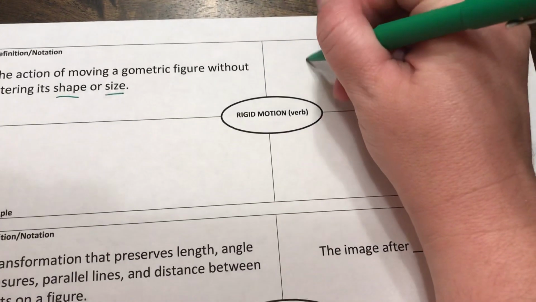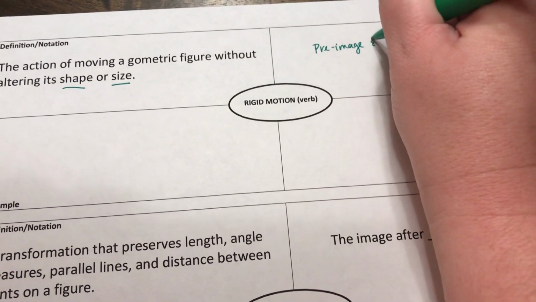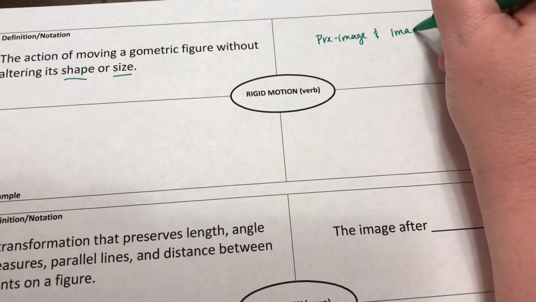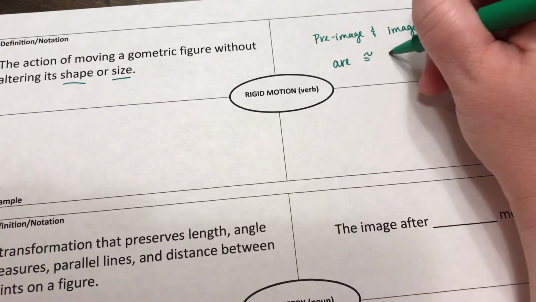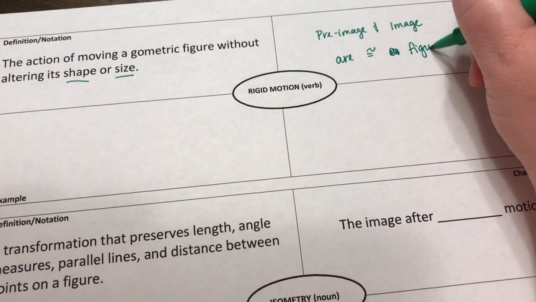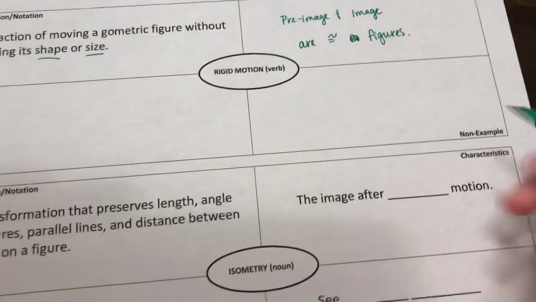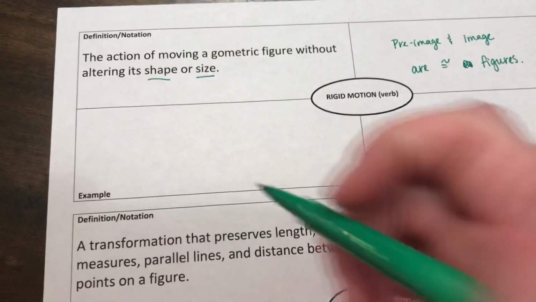So the pre-image and the image will be congruent. Okay, they are going to be congruent figures. All right, so with a rigid motion, we're going to be talking about congruent figures moving.